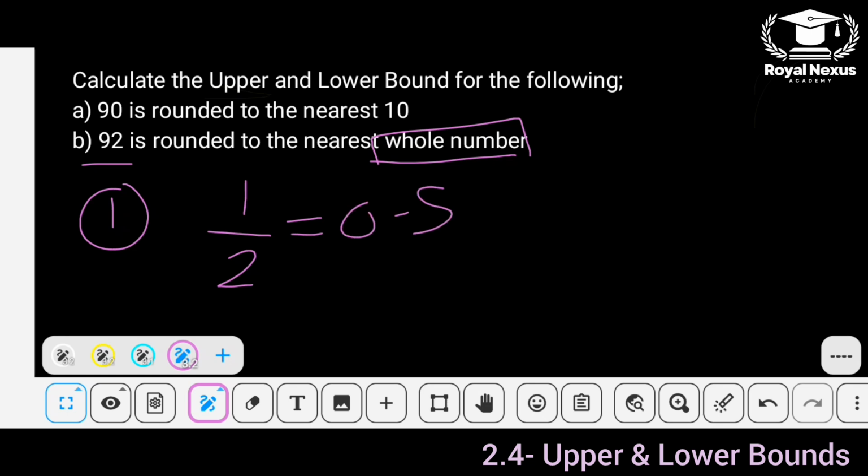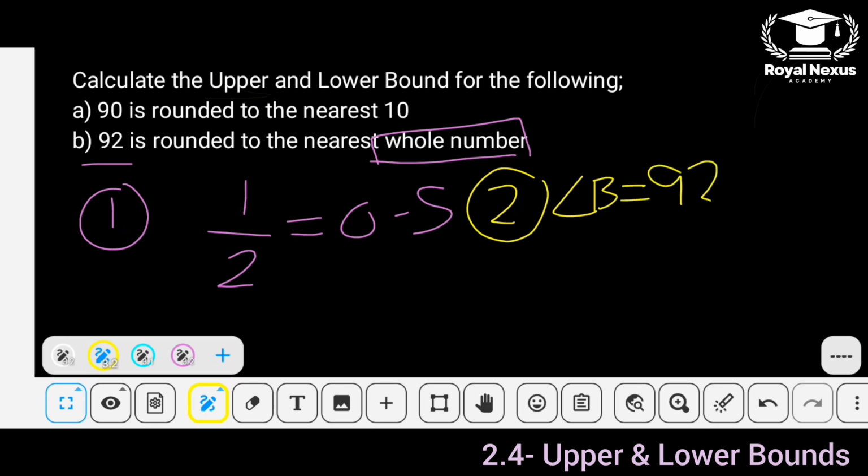Now similar to part A, in order to calculate the lower bound and upper bound, you just need to use this number 0.5. So to calculate the lower bound, you just need to subtract this number 0.5 from 92. So in this way, you will be getting 91.5 as your lower bound.